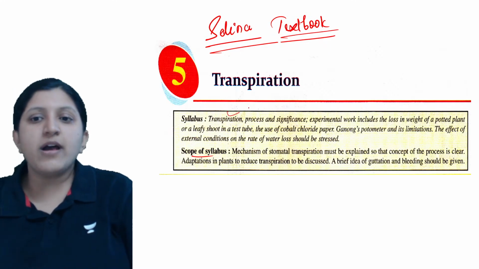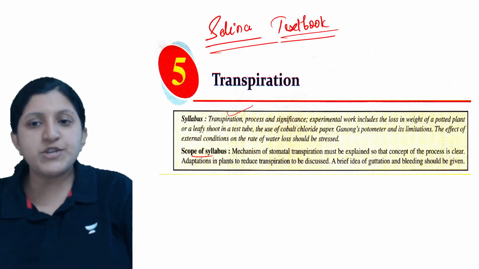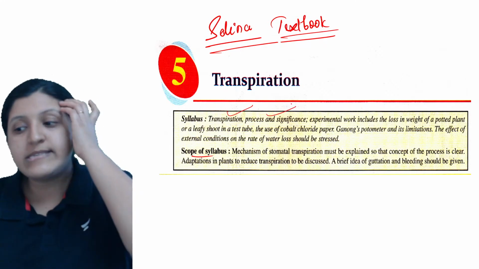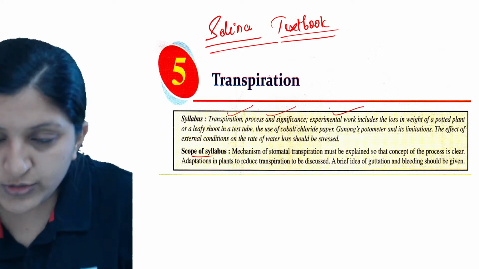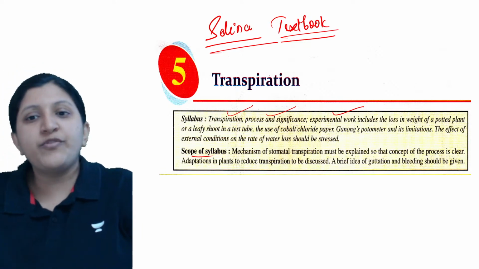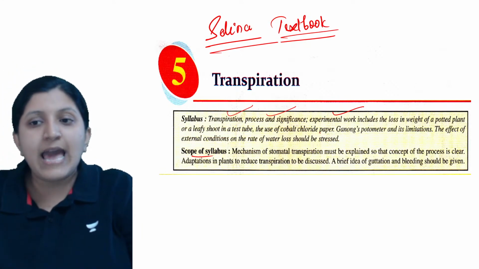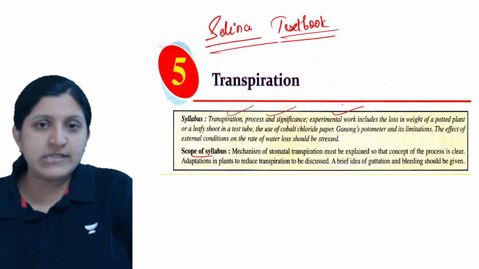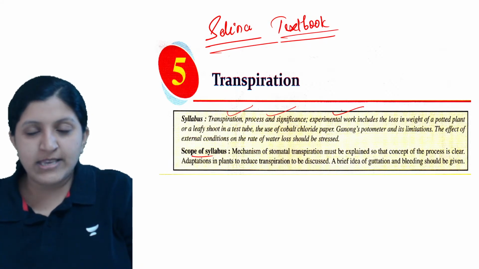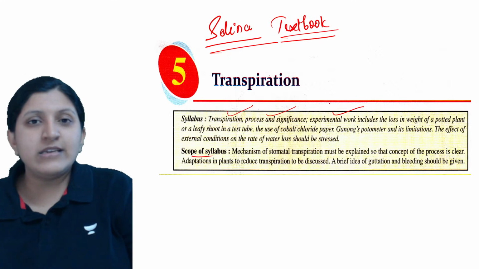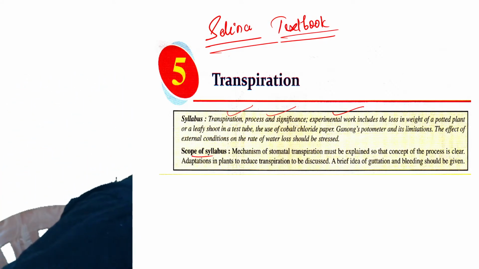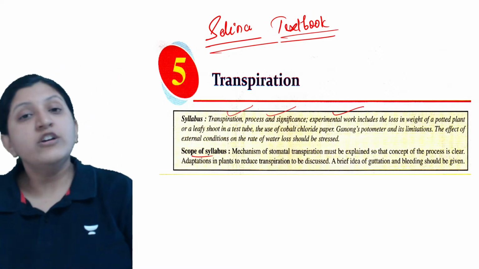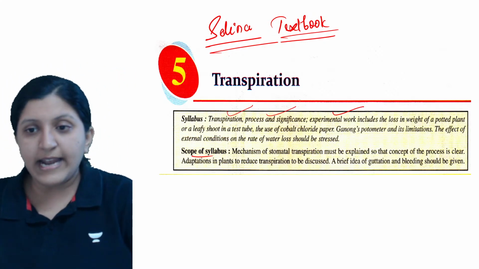Under the syllabus for transpiration, there is transpiration, its process and significance that you need to know. The experimental work, including loss of weight of a potted plant, what exactly happens. All the experimental setup, the control setup which is given, and how exactly a comparison study can be done.